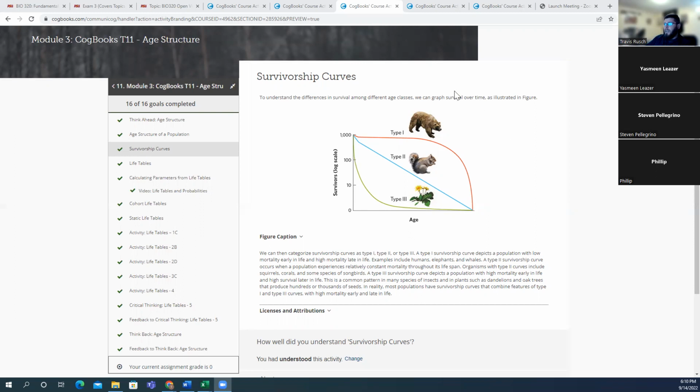And then it gives you some examples of organisms that are type 1, type 2, and type 3. What are some characteristics of a bear, the example they give us, that would lead to high survivorship of their offspring at a young age? Because they give a higher level of parental care. Yeah, high parental care is one aspect. As somebody said, lower numbers of predators.